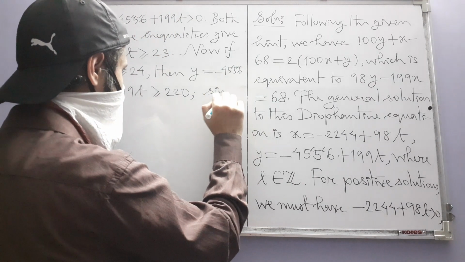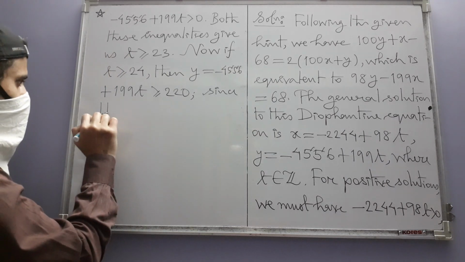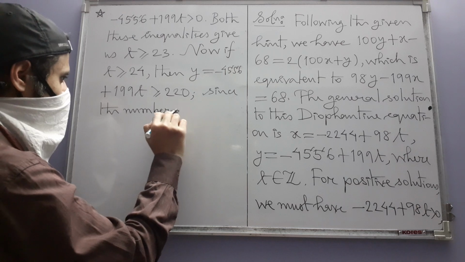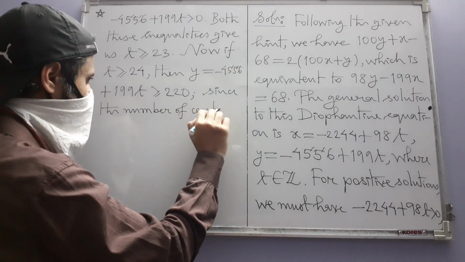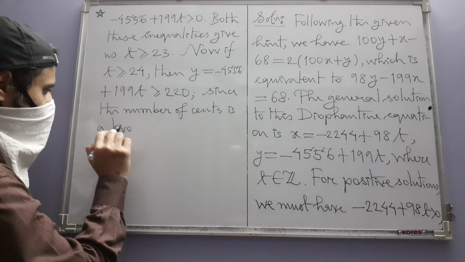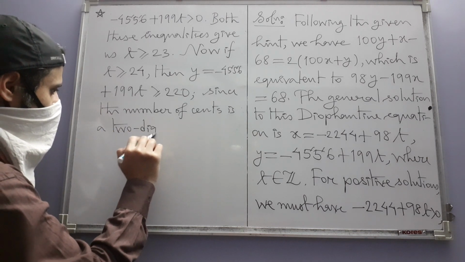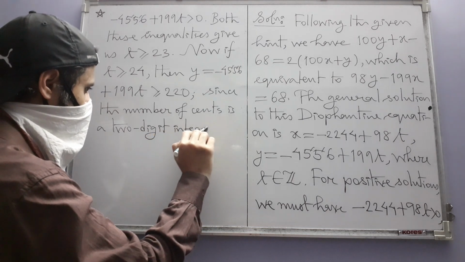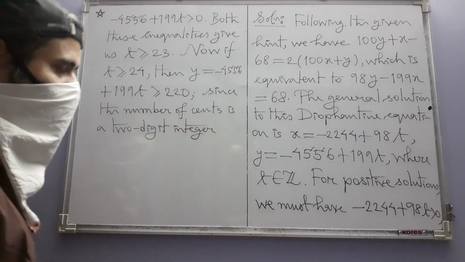Since the number of cents is a 2-digit integer. Why?